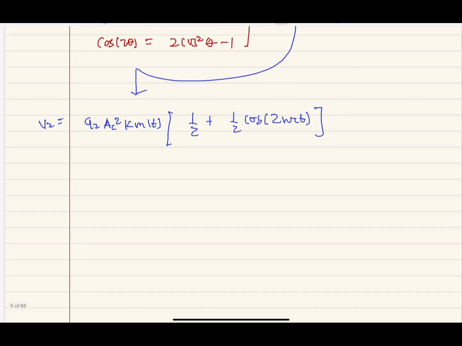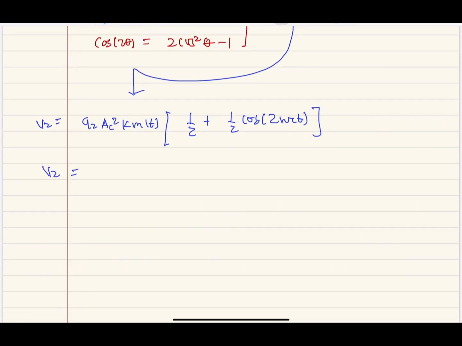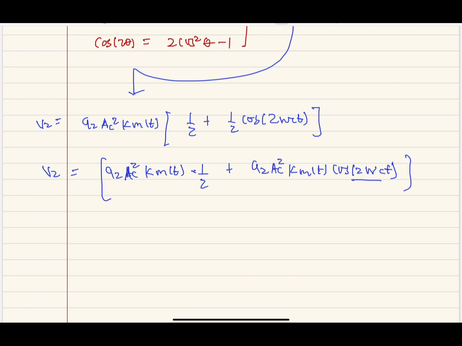Bracket close. So when we expand this, we are going to get V2 equal to A2 AC squared K m of t multiplied by 1 over 2, plus A2 AC squared K m of t cos 2 omega ct. So this is the final equation. As you can see, the frequency of the right hand side has been even doubled.